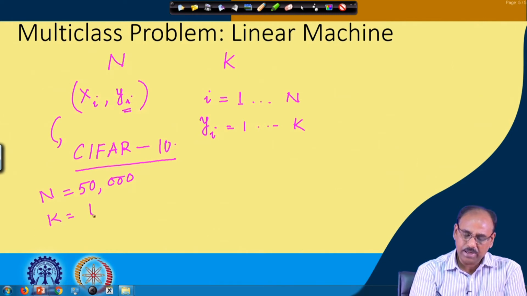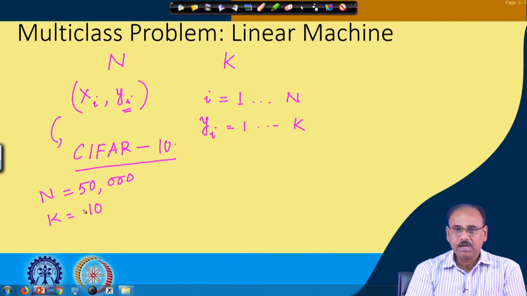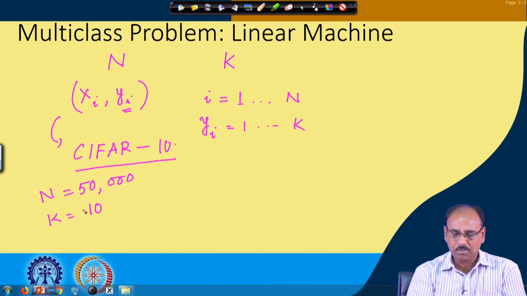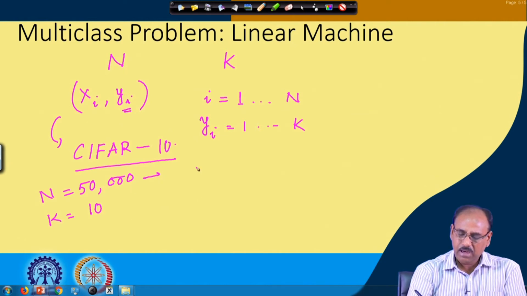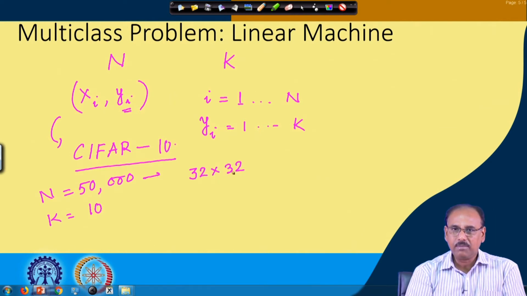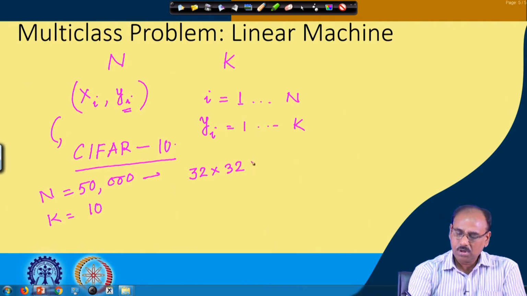So, k is equal to 10 and the categories of images are images belonging to car, cat, dog, sheep, horse and so on. So, there are 10 such categories and 50,000 images, and each image is of size 32 by 32 pixels and these are color images. That means there are 3 planes, red, green and blue. So, the number of pixels is 32 by 32 by 3.